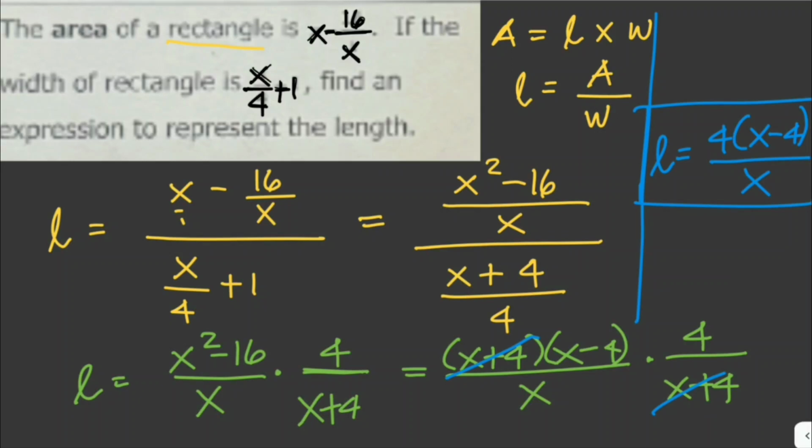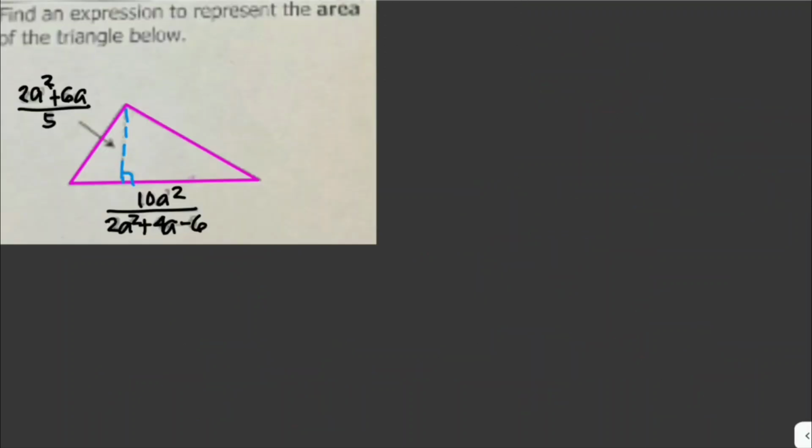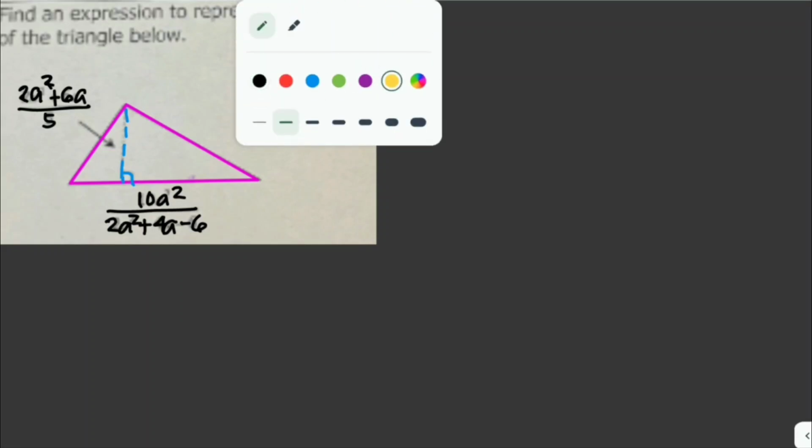All right, let's solve another one. Find an expression to represent the area of the triangle below. So we're given this figure of a triangle, given the height and the base of the triangle.